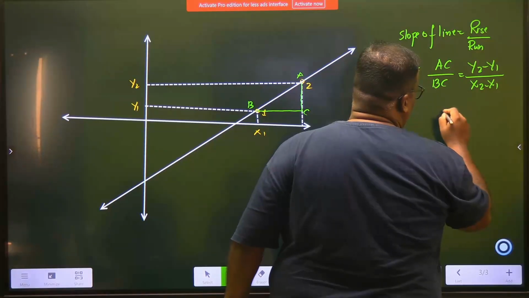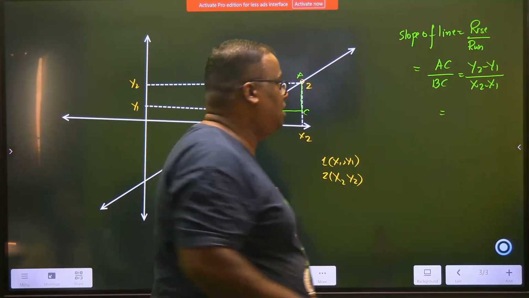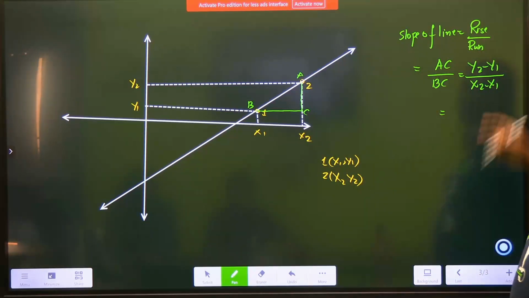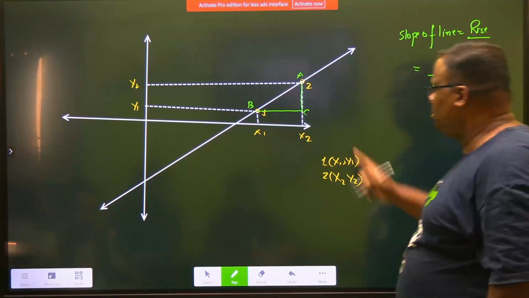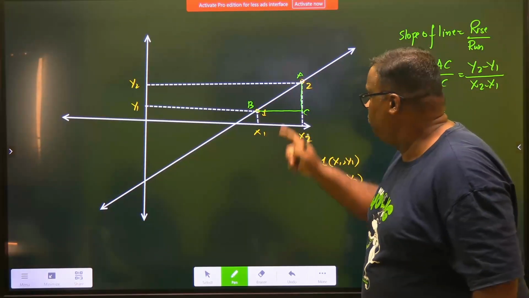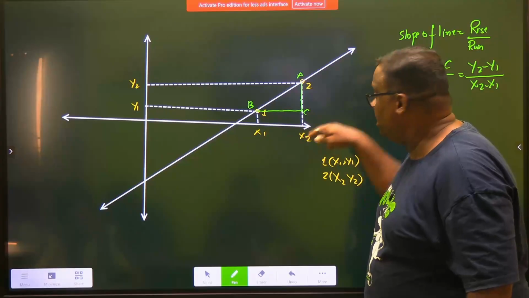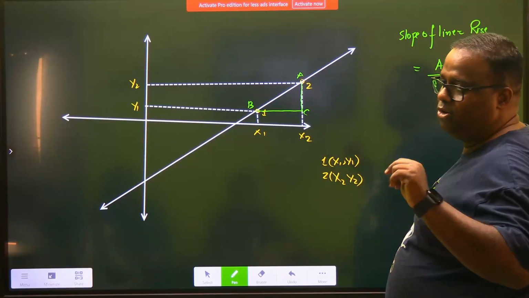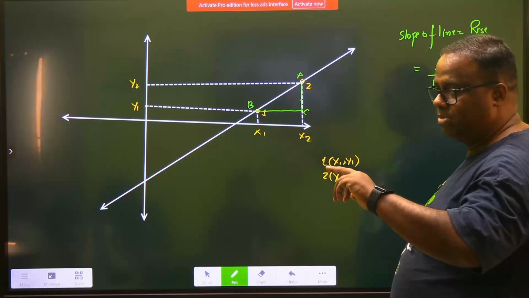Now suppose by mistake you say, sir, instead of y2 minus y1 I did y1 minus y2. It is your way. You take this minus this. If you take this minus this, then here also take this minus this. The ones, twos cannot be swapped. If they are swapped, both are swapped.